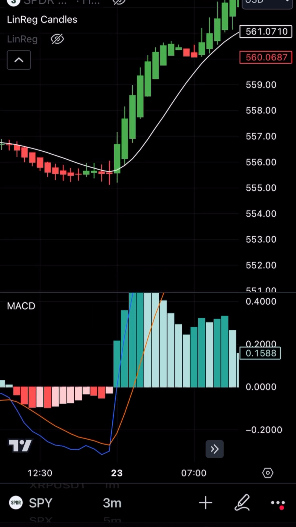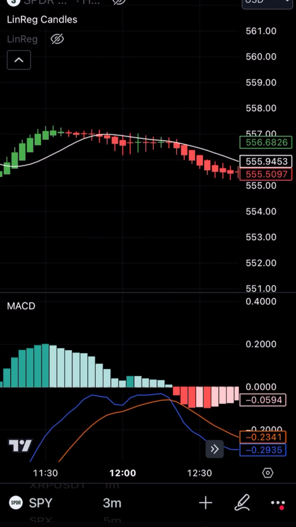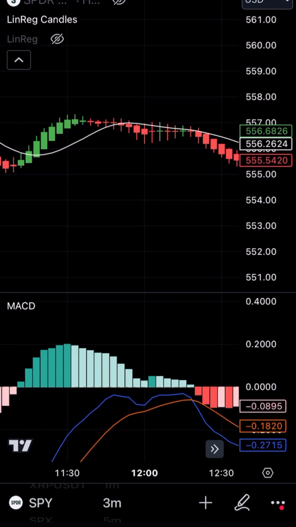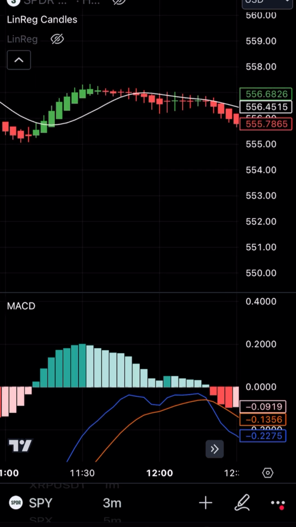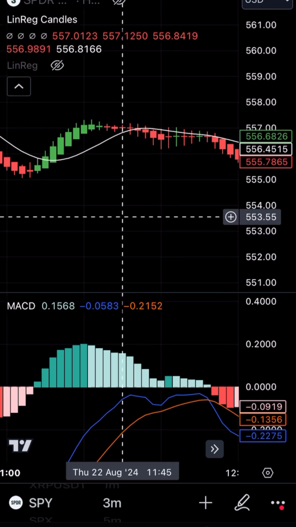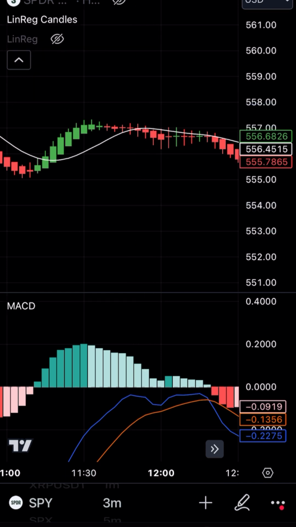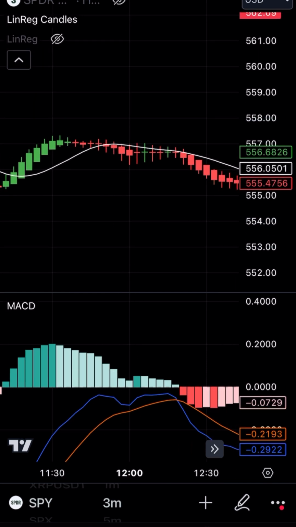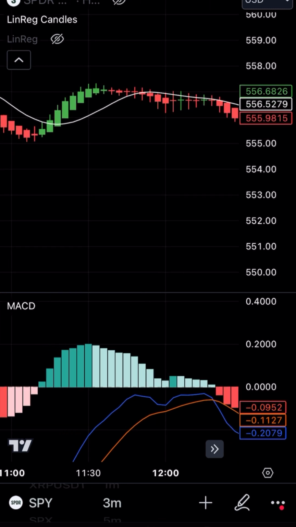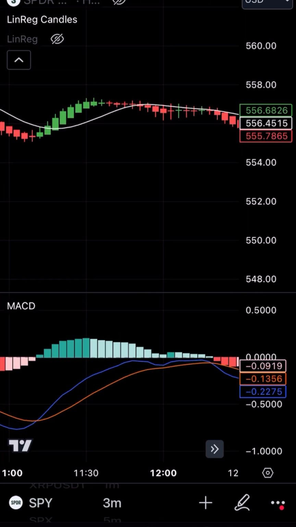So it all depends on how you want to do your trade, but all you basically want to do is identify the overall trend, and then look at your lines and see if the lines are below the histogram or above the histogram. If you're in a bullish moment, well, let's focus on bearish.